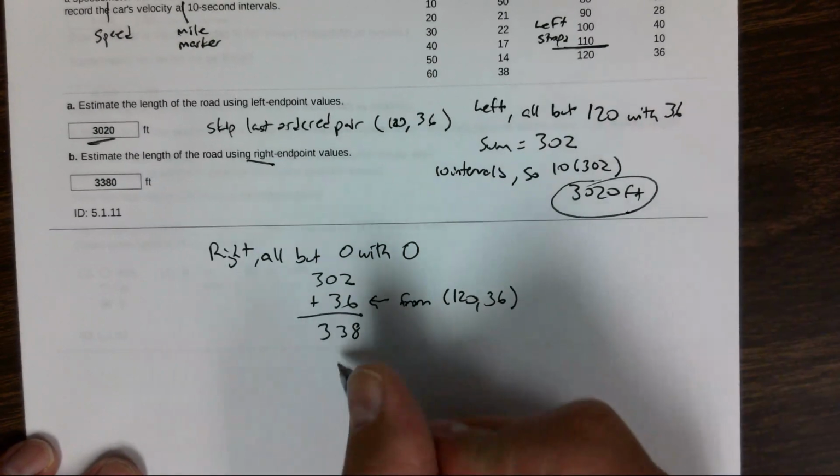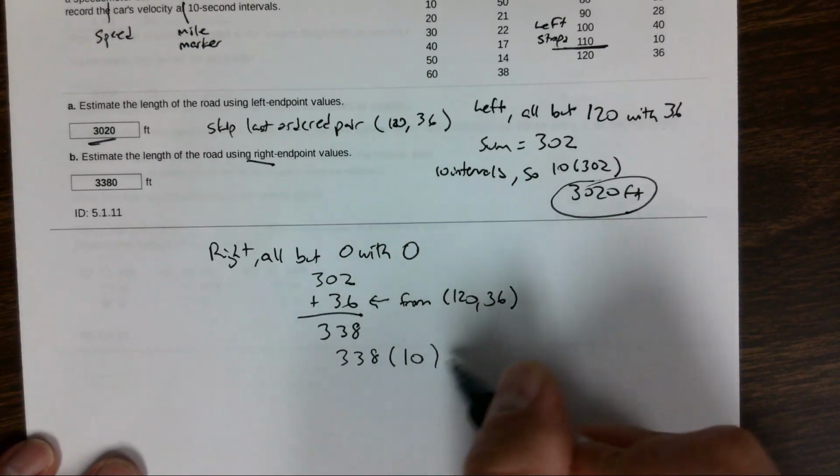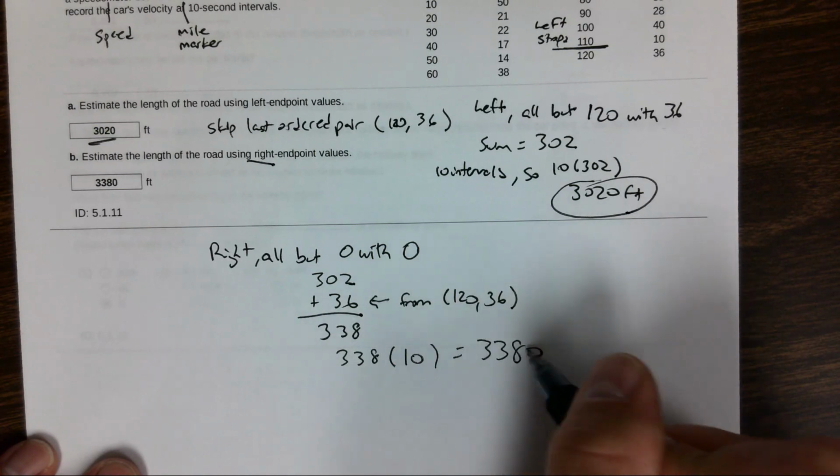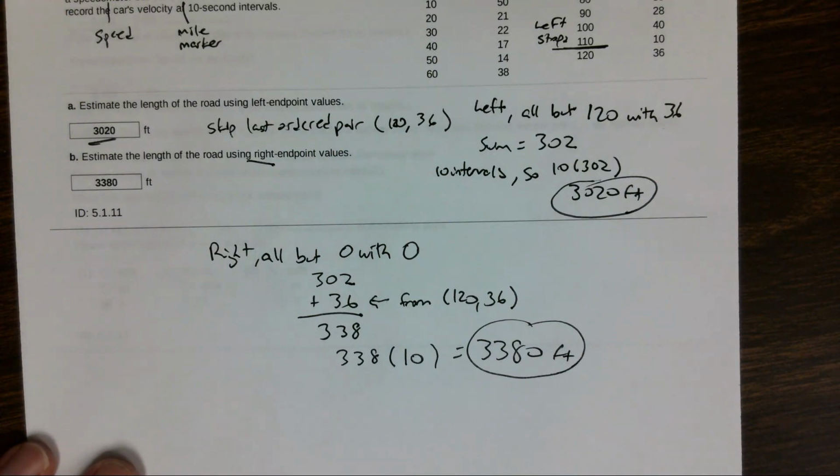And then do 338 times 10 intervals. And so that gives us 3380 feet. So that's how you do that one.